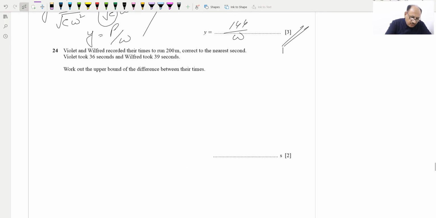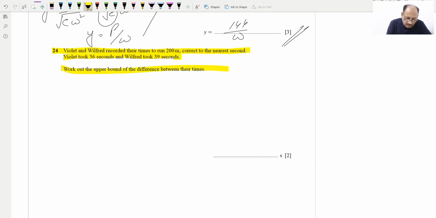Now question number 24 is a bounds question, lower bound and upper bound. They are saying Violet and Wilford recorded their times to run 200 meters correct to the nearest second. Violet took 36 seconds and Wilford took 39 seconds.